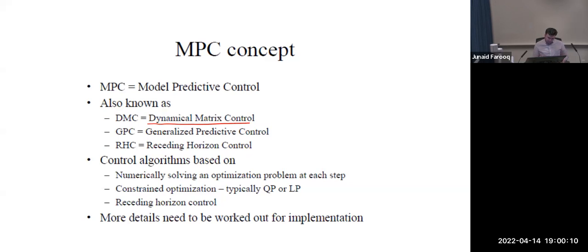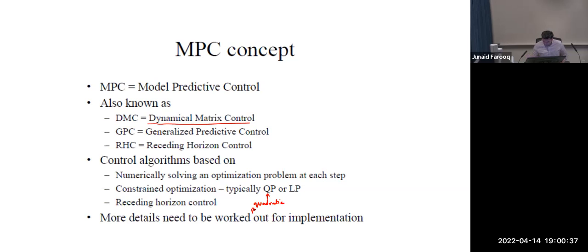So the core idea here is that you try to numerically solve an optimization problem in each step. And it's a constrained optimization. Typically it is of the form of a quadratic program or a linear program. I'm not sure if a lot of people are familiar with these words here, but if not, that's okay.